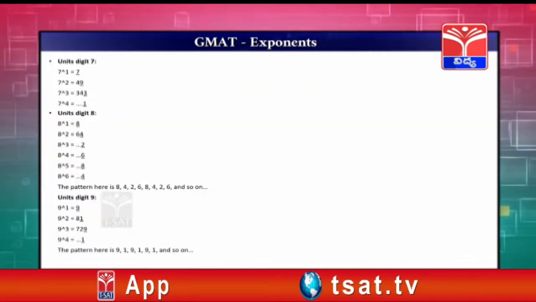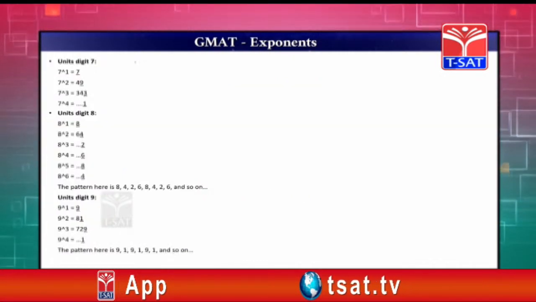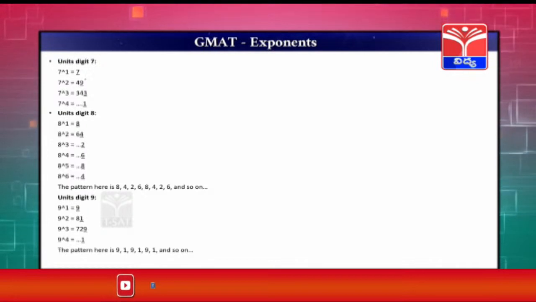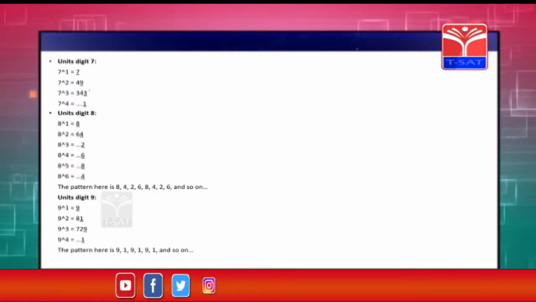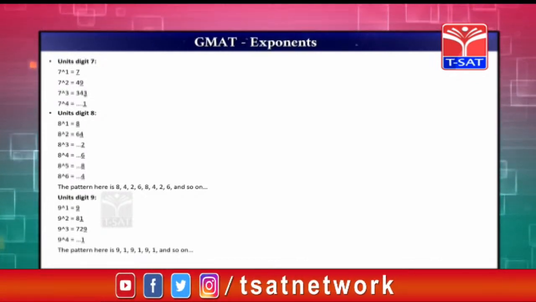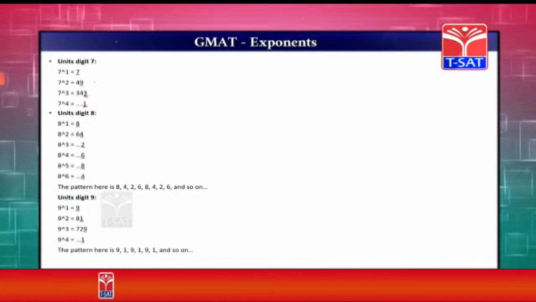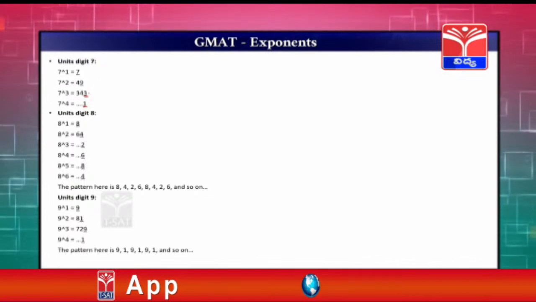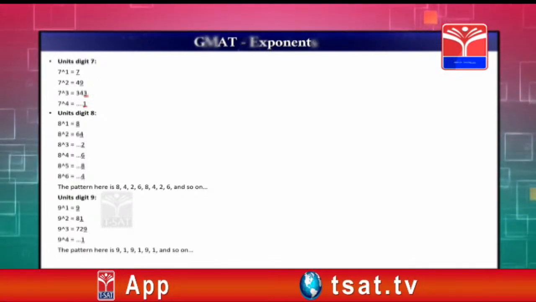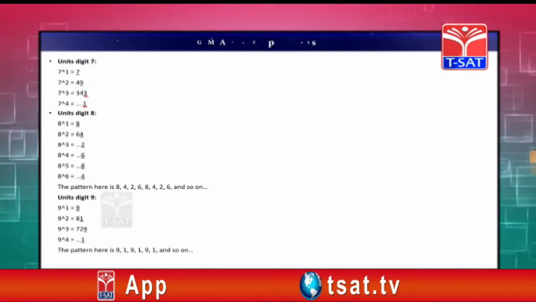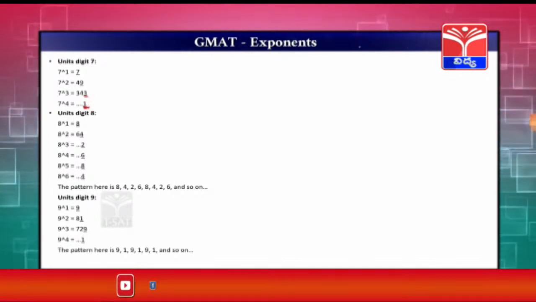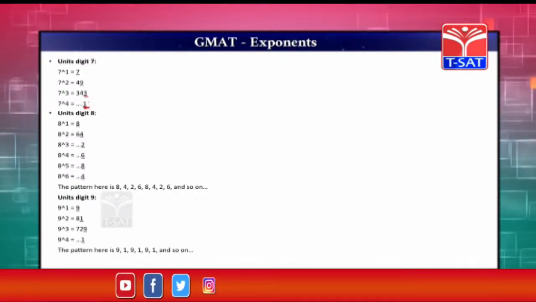Now let's look at 7. 7 to the power of 1 is 7, 7 squared is 49, 7 cubed is 343. For 7 to the power of 4, you don't need to write out the whole number since the digits are expanding. In the units digit you will get 7 times 3, that is 21, but you're only focused on the units digit, so you will get 1.